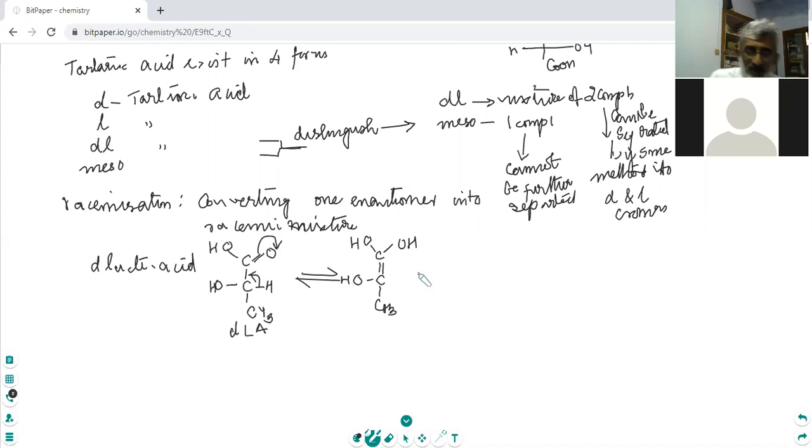Okay. Now this can again come back. Remember, this is planar.